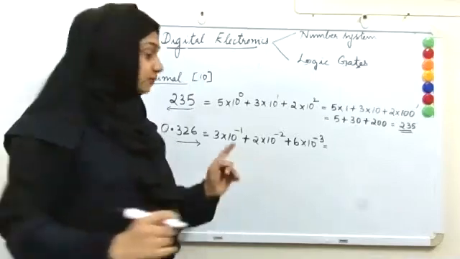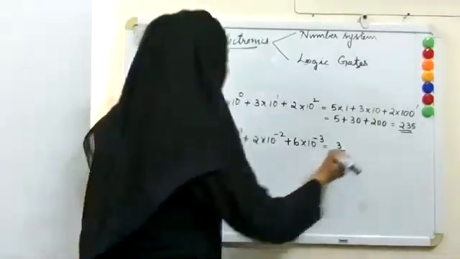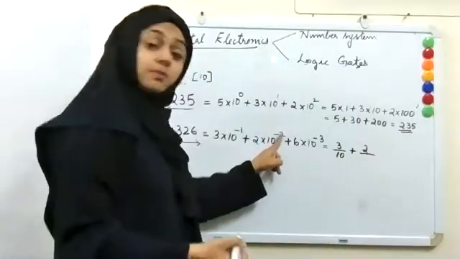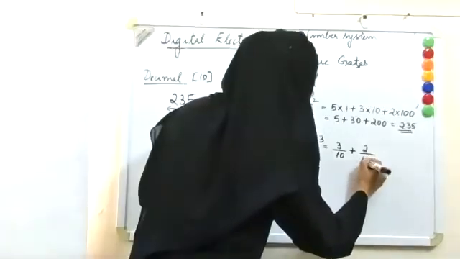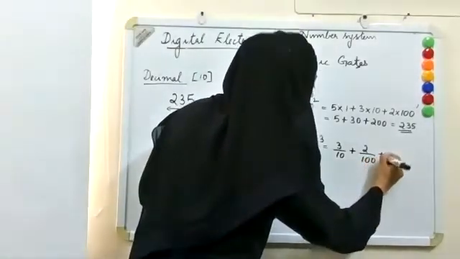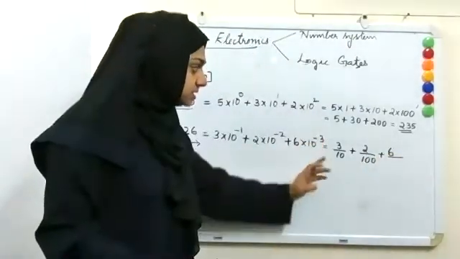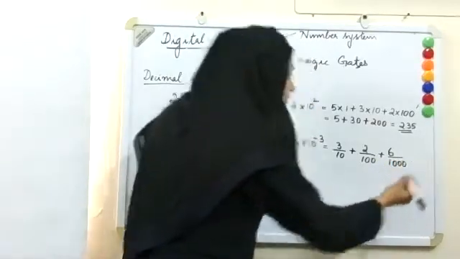1 by 10, right? So this is equal to 3 by 10 plus 2 times 10 raised to minus 2, so 1 by 100, plus 6 times 10 raised to minus 3. So in the denominator, 1 followed by 3 zeros.